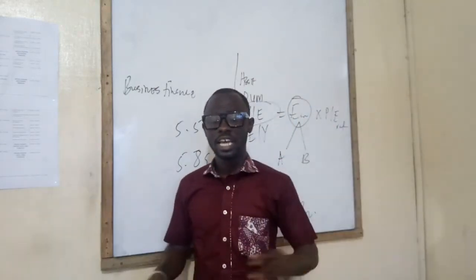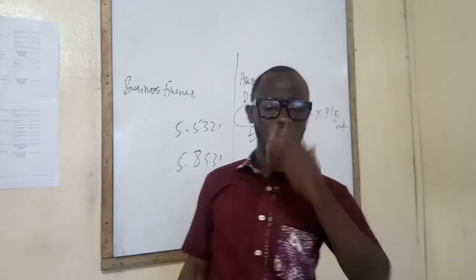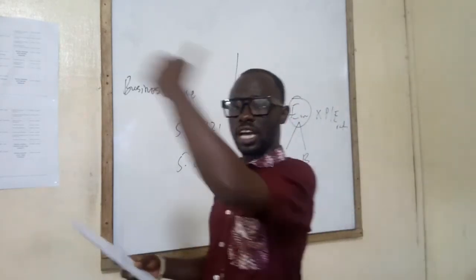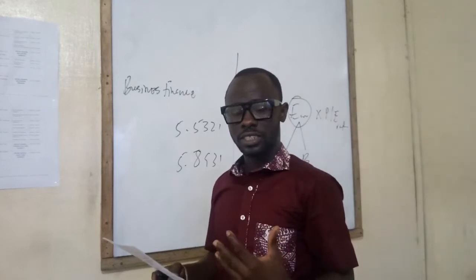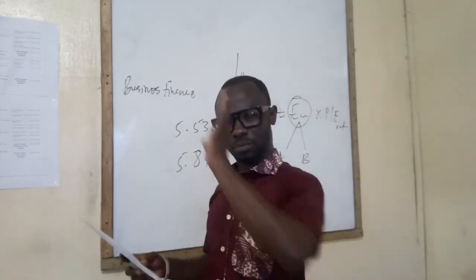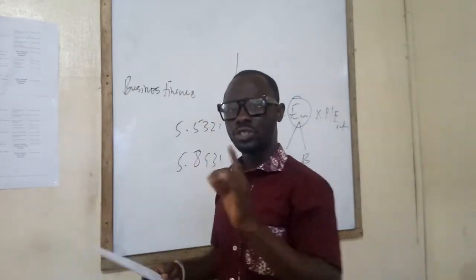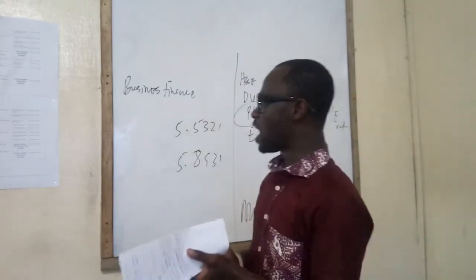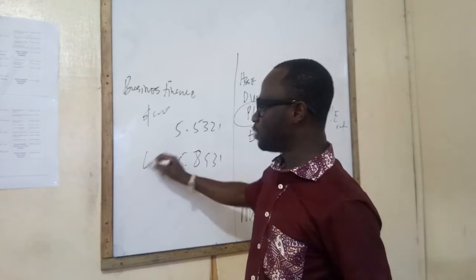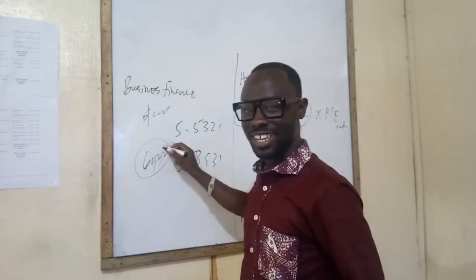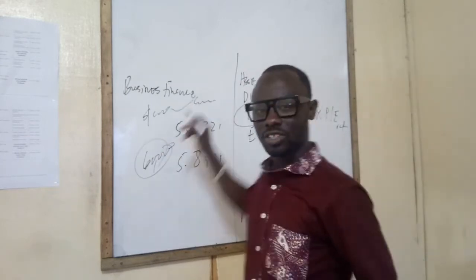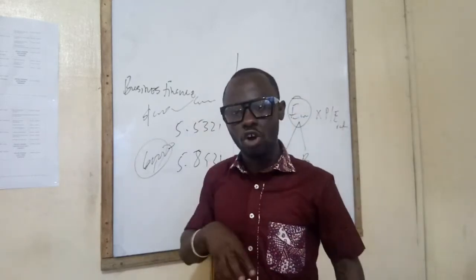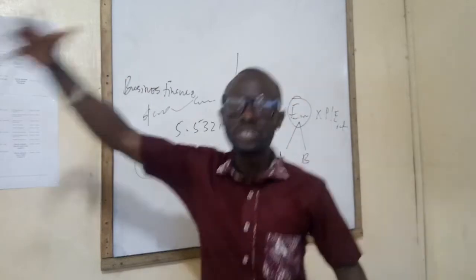Some of the things that they can do is to charge what we refer to as management fees. So if, for instance, the investor is in the UK, and the Ghana government says that any investor that expatriates money, we will charge them withholding tax of 60%. You know that is very high, right? So if they are taking $100,000 out, it means the government will take $60,000, and they are going to take only $40,000 out. That will discourage them. But they will pass through the back door to still take their money. So they will charge a management fee.